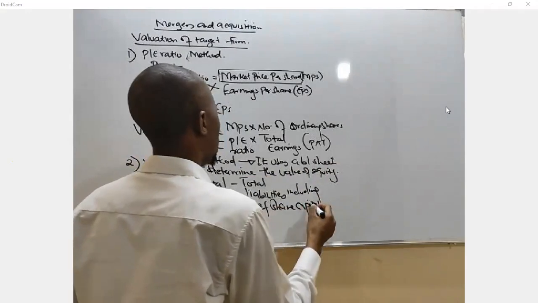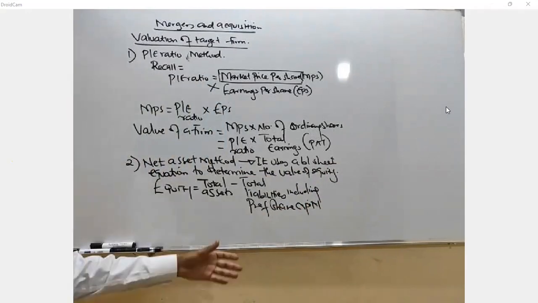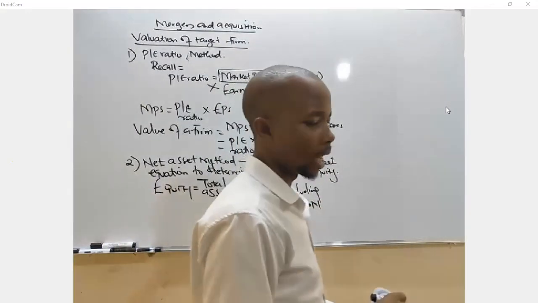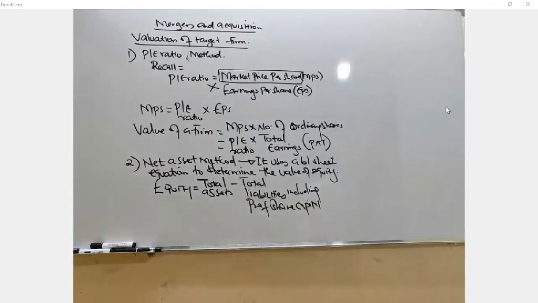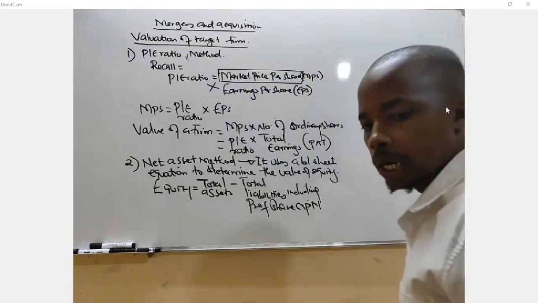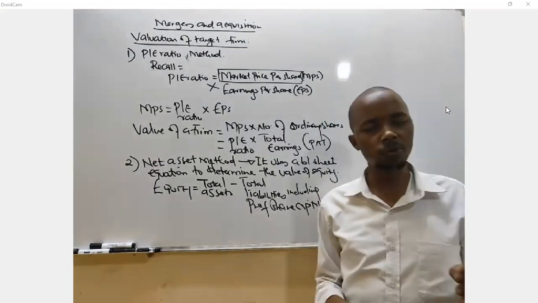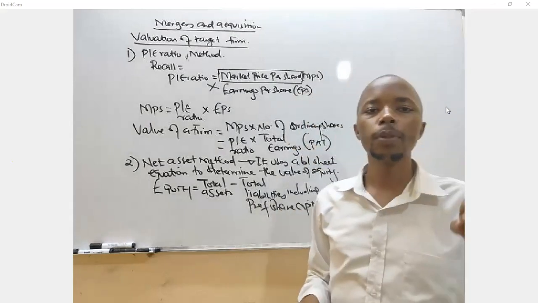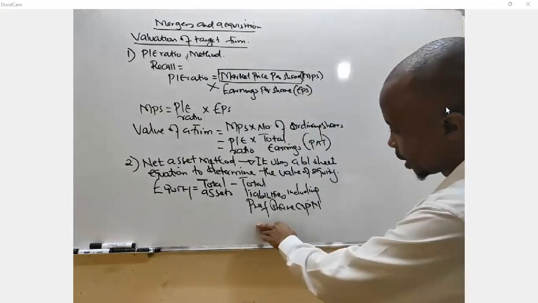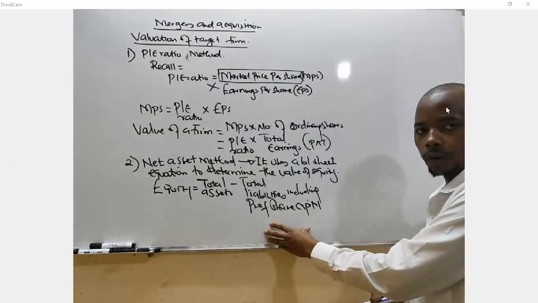We call the preference share capital a liability because when an organization makes a profit, these are the people waiting to see whether we can give them something. The purpose of their investing with us is that they want to make some profits, or some dividend out of the investment.